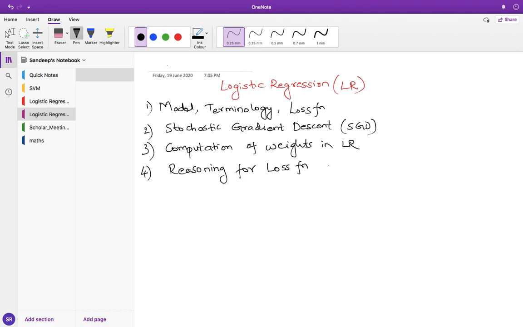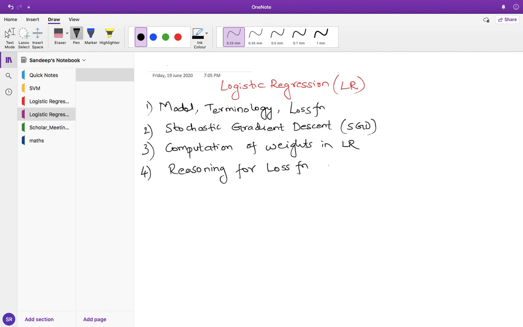So the logistic model is a statistical model which is used to find the probabilities of classes, or to model the probabilities of classes.